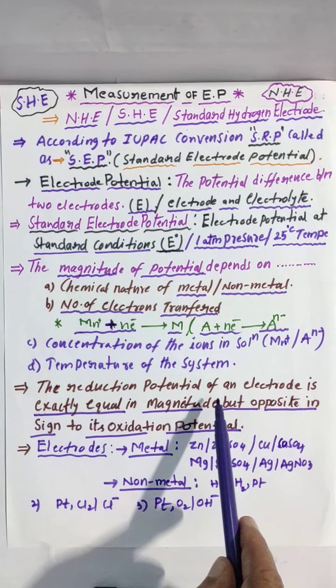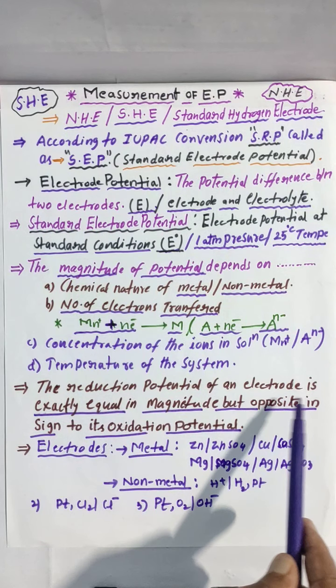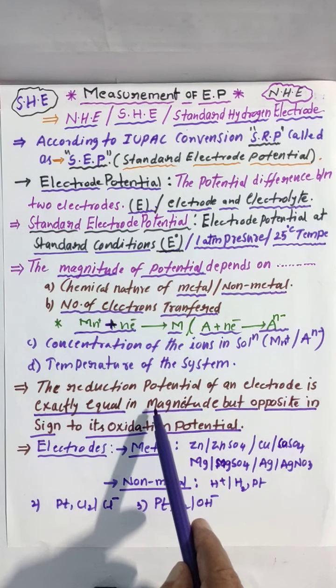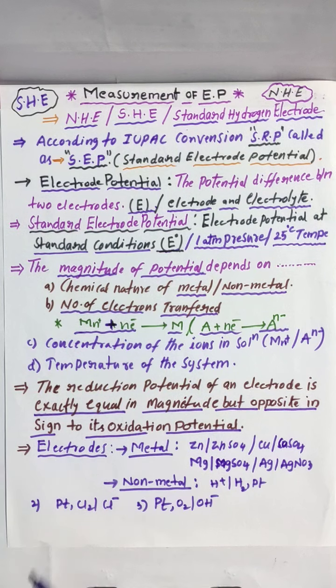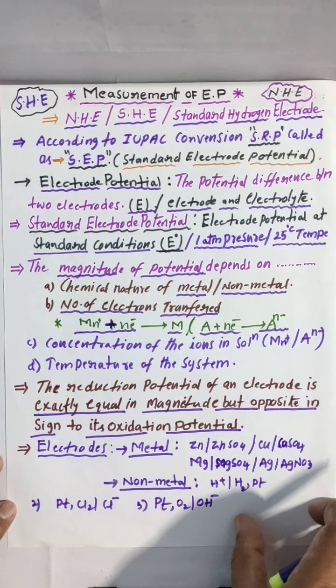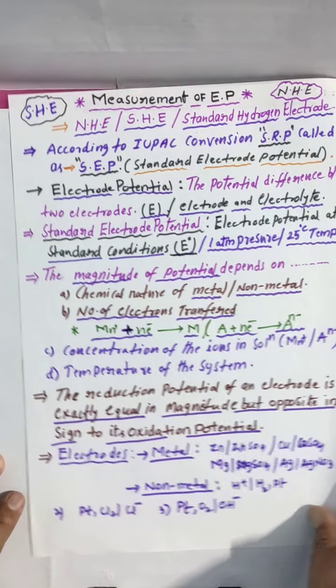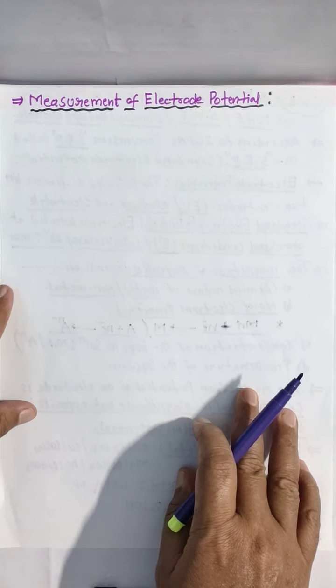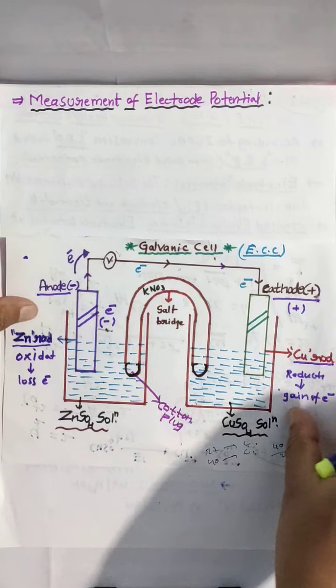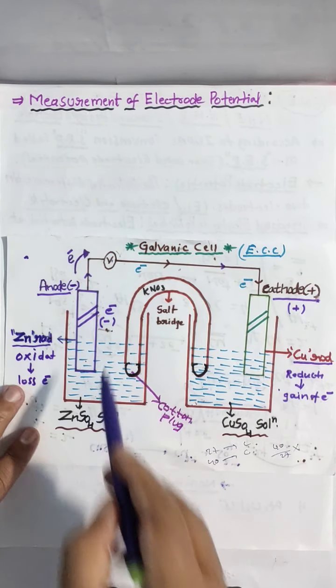Reduction potential is equal to oxidation potential with the opposite sign. Now, how to measure electrode potential? We have two electrodes, one for oxidation and the other for reduction. Here I am taking a galvanic cell. See, this is the galvanic cell.